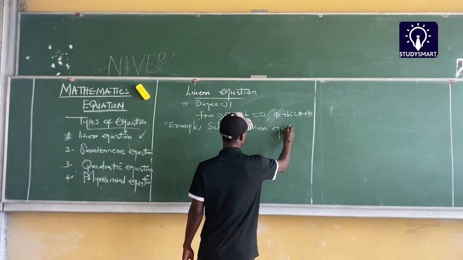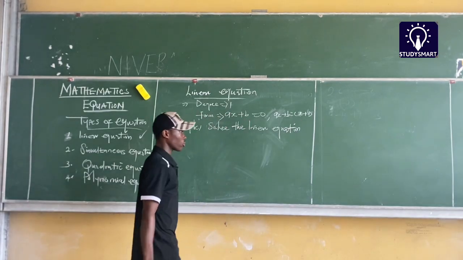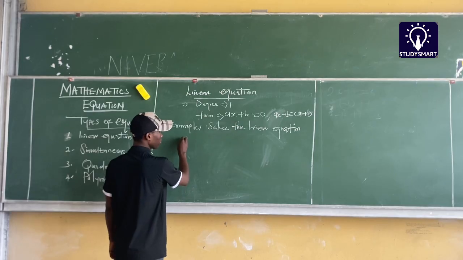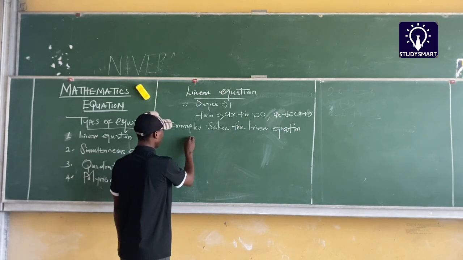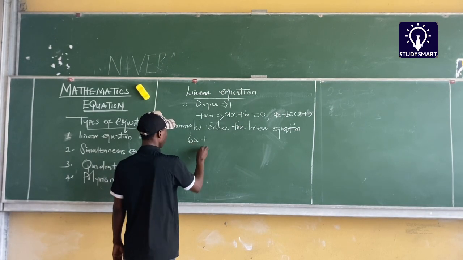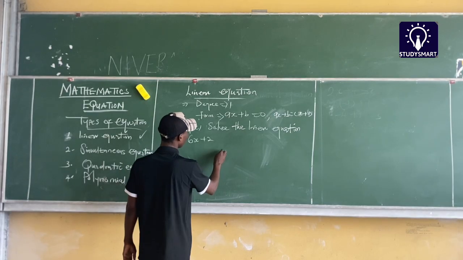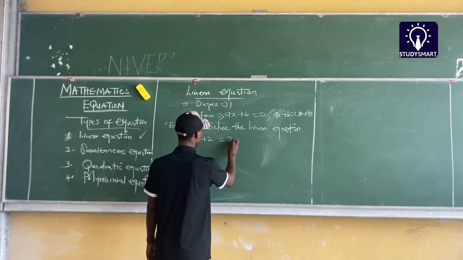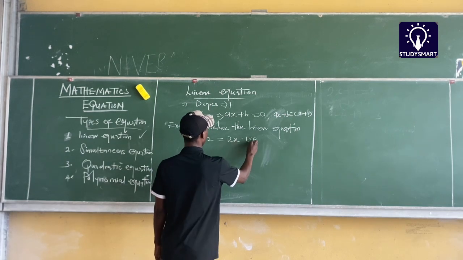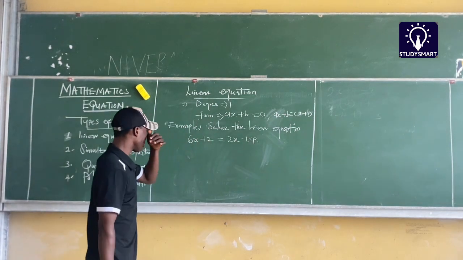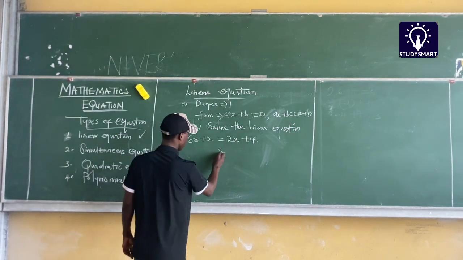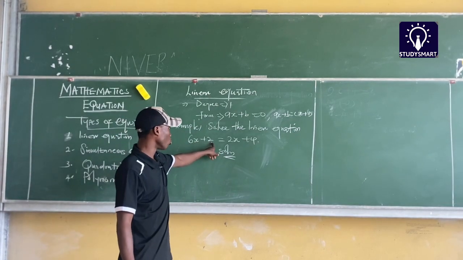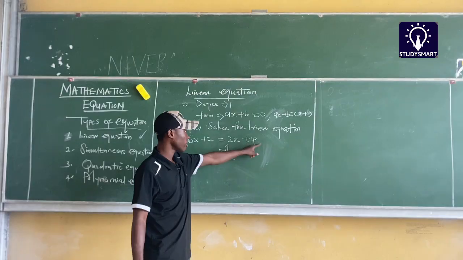The expression is 6x plus 2 equal to 2x plus 4. Let's just solve this quickly. So this is the solution. We have 6x plus 2 equal to 2x plus 4.